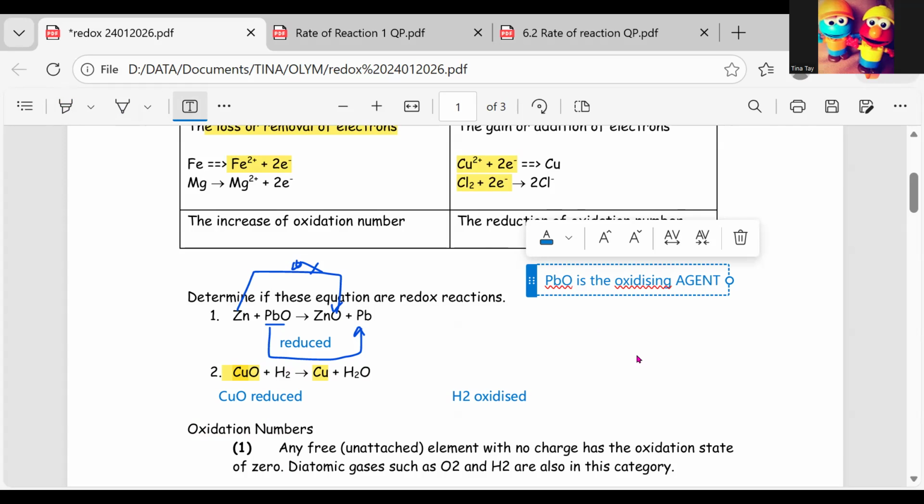Oxidizing agent means I cause somebody else to be oxidized. It causes zinc to be oxidized. But PbO itself is what? Reduced. So that's how you define oxidizing agent.